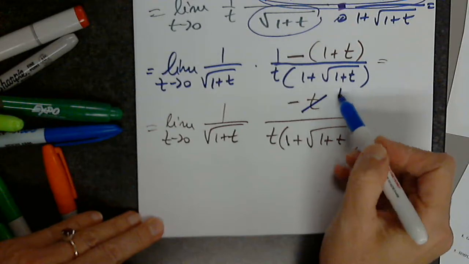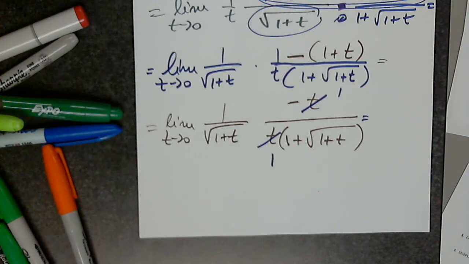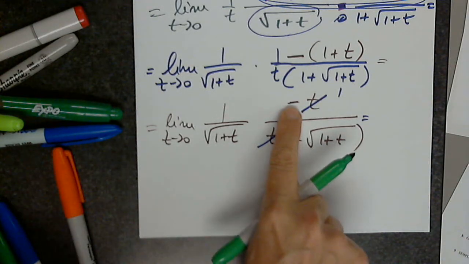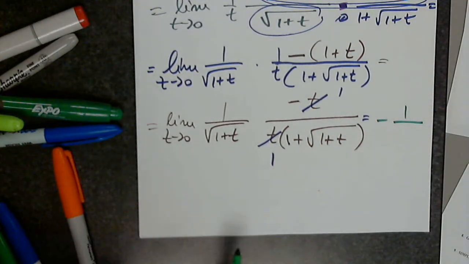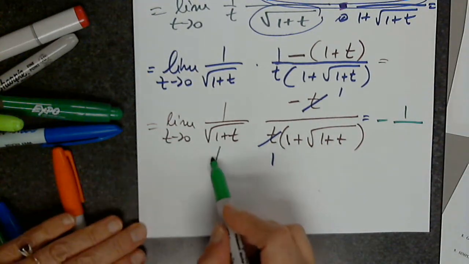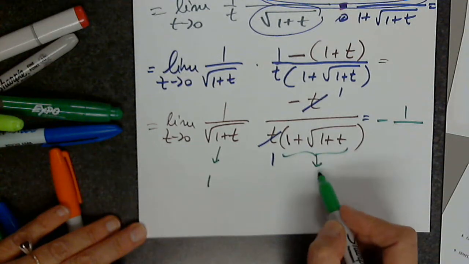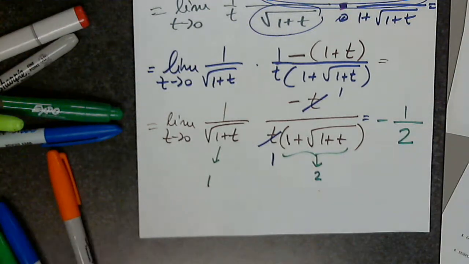So I will get rid of t, and it's done, because the problem is out of the picture. So now please tell me the limit. There is a negative and there is a 1. So negative 1 over, this approaches 1 and this approaches indeed 2. So 1 times 2. Very good.